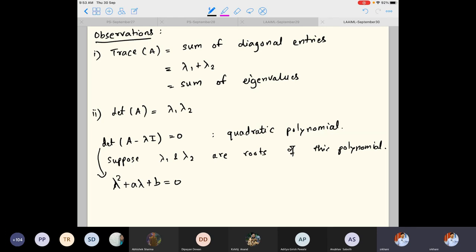Then you will have lambda 1 lambda 2 plus lambda 2 lambda 3 plus lambda 1 lambda 3, and so on and so forth: all two products, all three products, and the last term will be all n products, lambda 1 lambda 2 ... lambda n, the roots, right? That's how you can generate the polynomial with plus minus alternating sign. So you can see two important functions, trace and determinant, you can relate with the eigenvalues and eigenvectors.